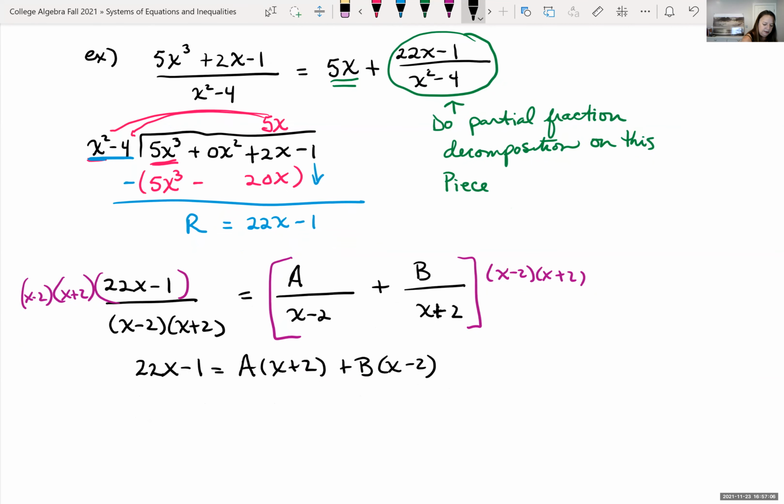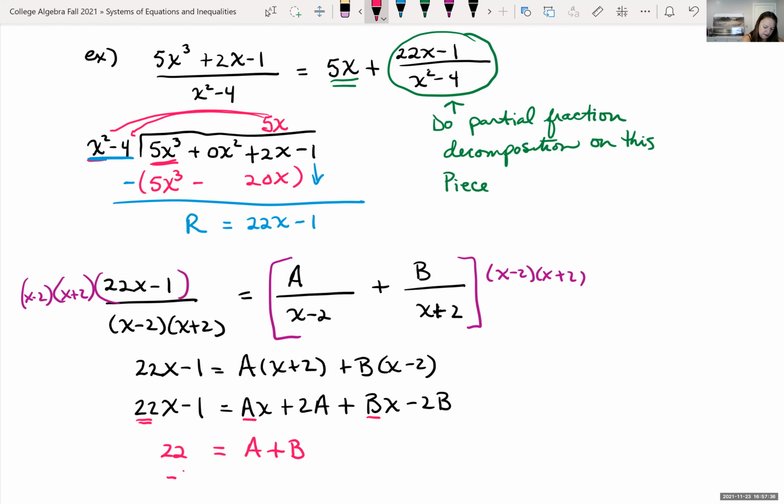So distributing on the right-hand side, we have 22x minus 1 equals Ax plus 2A plus Bx minus 2B. So we have 22 is equal to A plus B. And we have negative 1 is equal to 2A minus 2B.